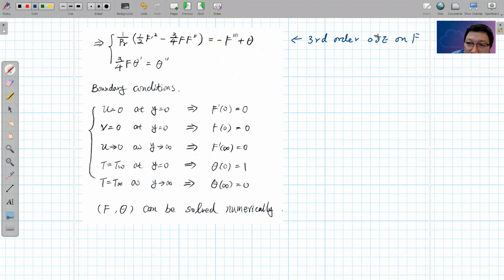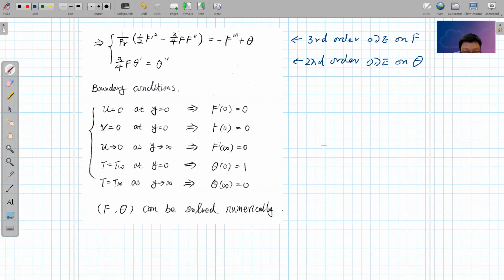I say ODE, ordinary differential equation, because f is only a function of eta. The triple prime means that you take the 3rd order derivative on eta, and also you have a 2nd order ODE on theta.